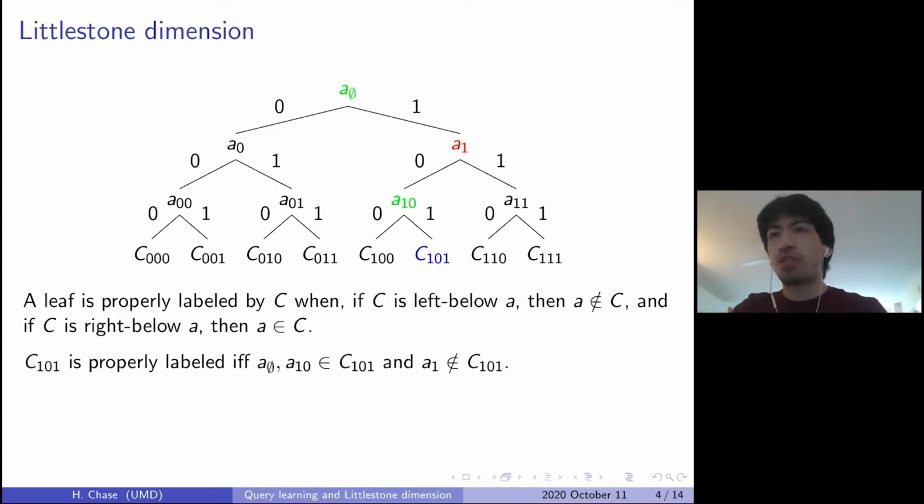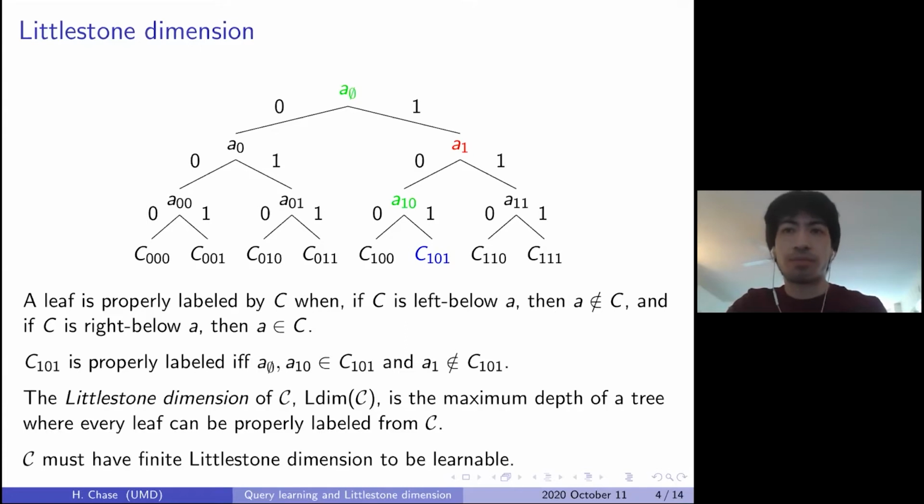If c101 satisfies this, then it's properly labeled, and we don't care what c101 thinks about any of the other elements in the tree, which may be repeated but don't need to be. The Littlestone dimension of our concept class C is simply the maximum depth of such a tree where every leaf can be properly labeled from the concept class.